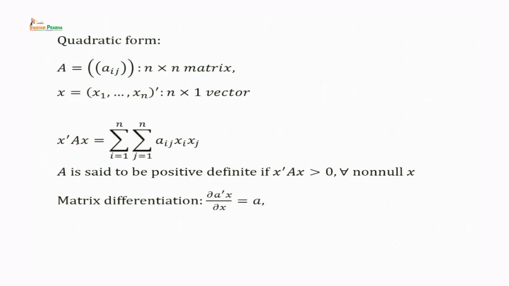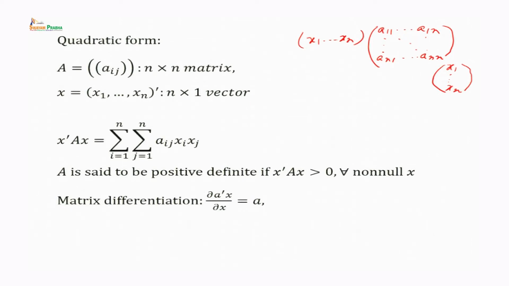Then X transpose A x: X transpose means x 1 to x n, in the middle you have the matrix A, and then you multiply it by x.